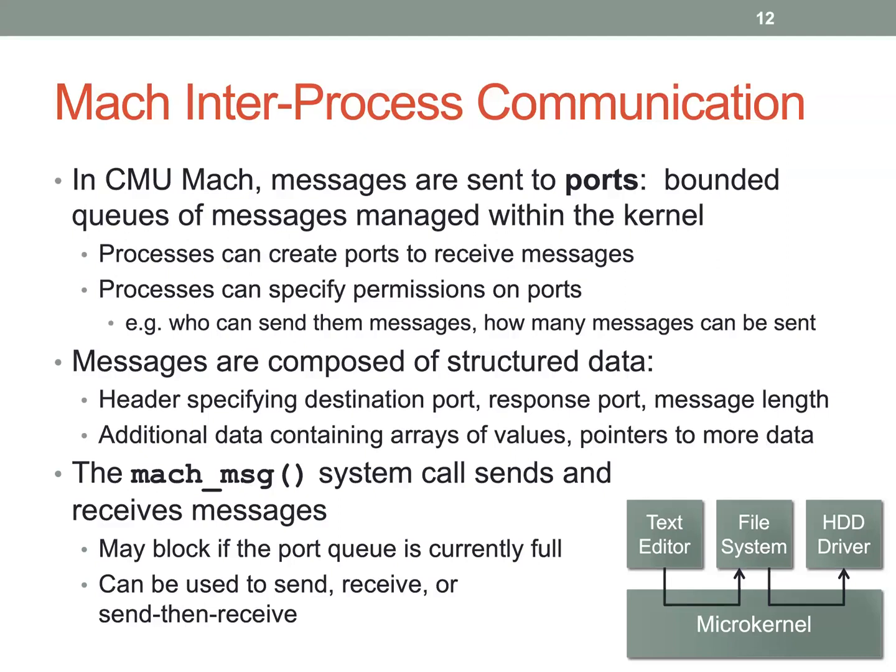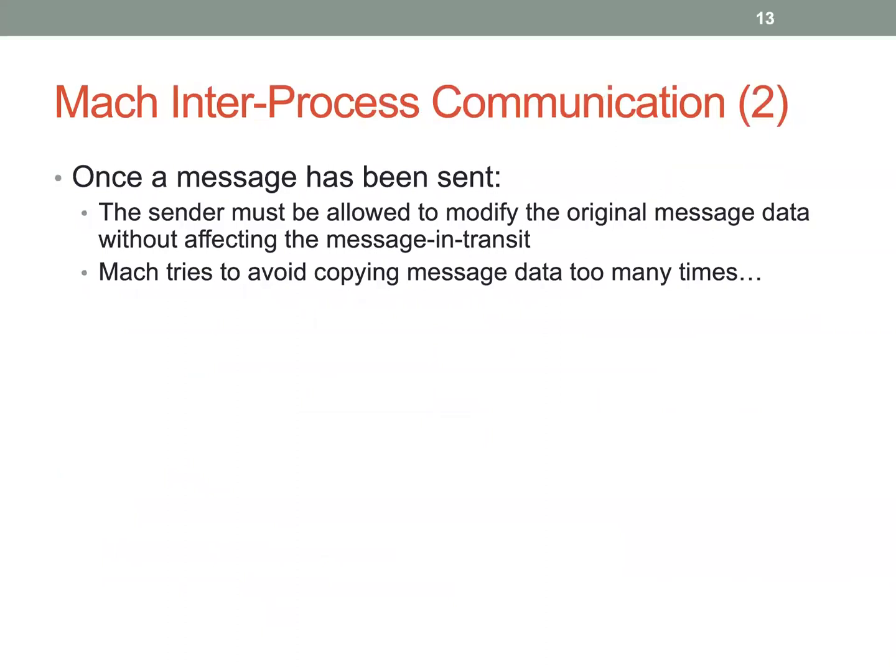Okay, so that's kind of promising. When you send a message, part of the Mach message system call stated that if you are sending a message to another process, you should be able to modify the message in your own address space after you've sent it, okay?